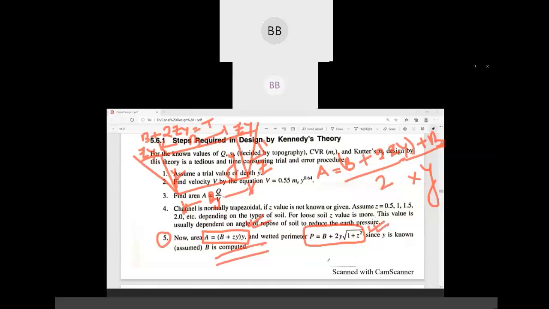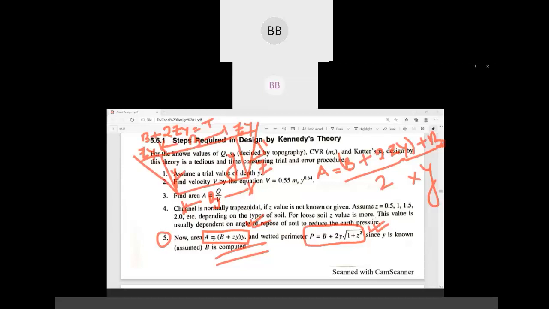Okay, so in that area equation, that area we have already calculated in step number 3. In step number 3 we have already determined the cross sectional area for that assumed depth. So in that area equation, your area is known. z, if it is known, it's okay. If it is not known, then we are going to assume some value between 0.5 to 2 depending on the types of soil. Then y we have already assumed in the first step.